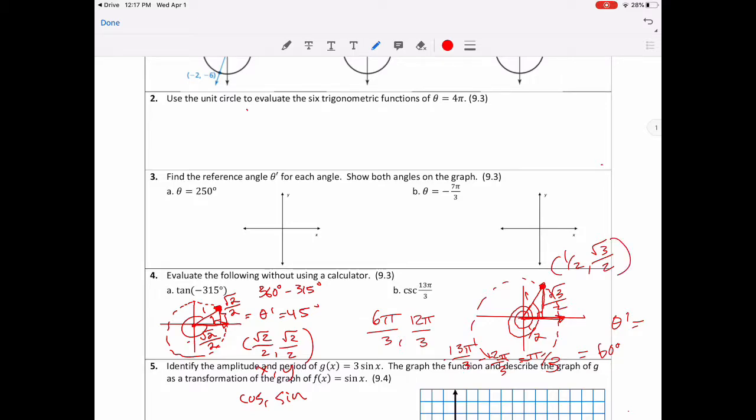Okay, and they want us to find cosecant. Well, we're not far off. That's x, that's y, that's cosine, that's sine. So the sine of 13 pi thirds, which is the same as the sine of pi thirds, or reference angle, is root 3 over 2.